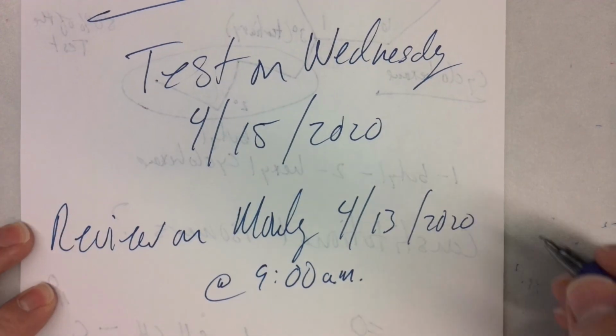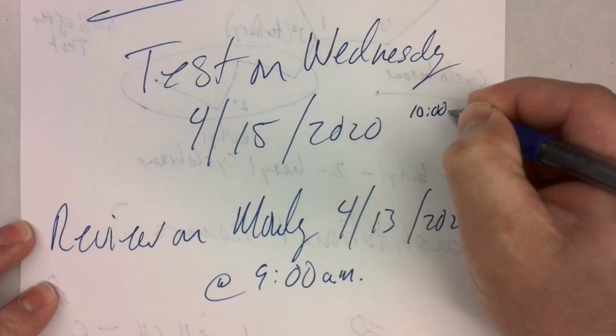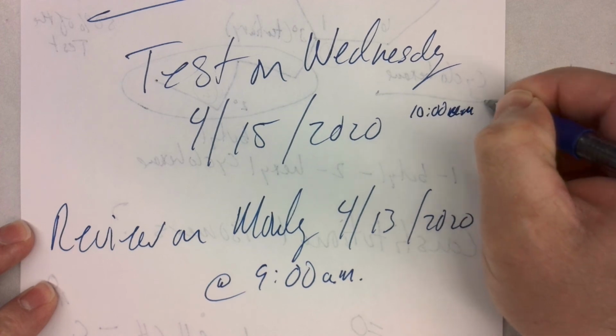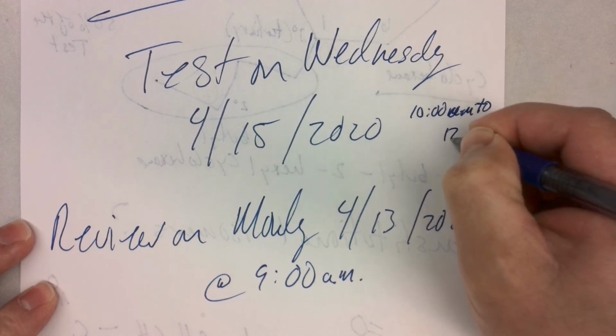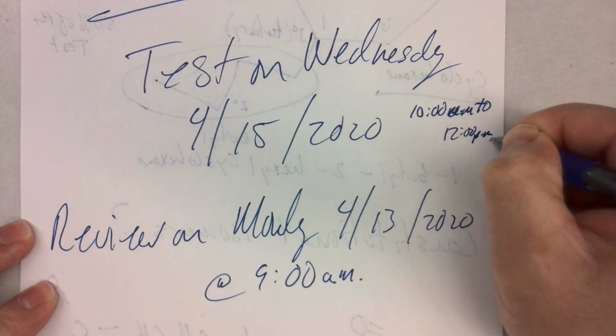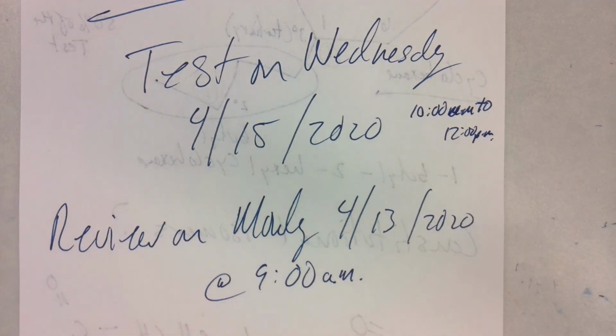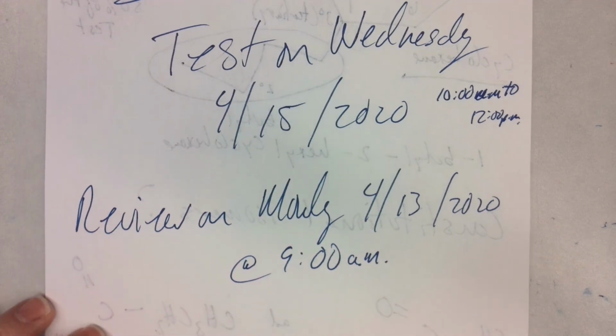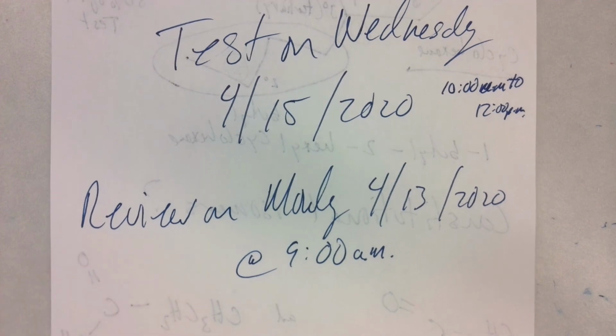And again, that test is going to be from 10 a.m. to 12 p.m. only, just like last time. That's going to be the only shot you have to take it. We all understanding that? Yes, sir. Okay, and I'll send that out as an email as soon as I'm done today.